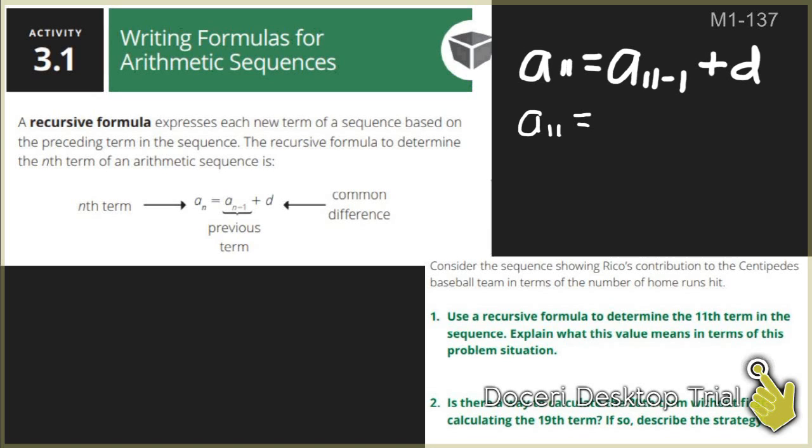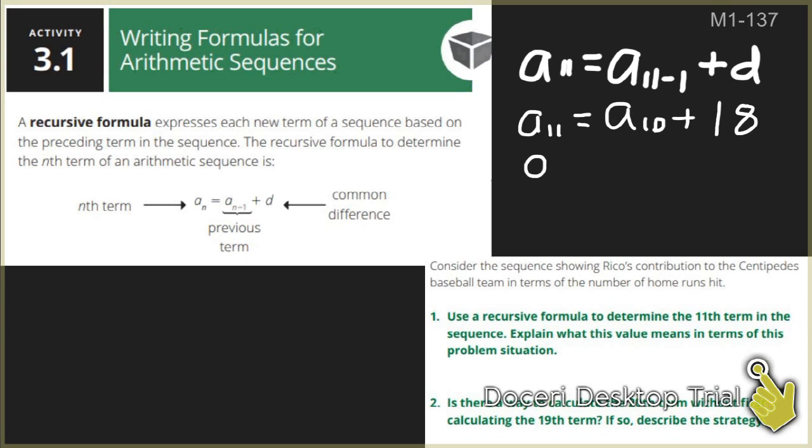A n minus 1, 11 minus 1, becomes the 10th term, A10, plus the common difference, in this case 18, because for every home run that's hit, he donates $18. Okay? Now the only thing left to put in is what A10 was. Well, the 10th term was actually 9 home runs hit, and we did it on the previous page in the table, and it was 287.